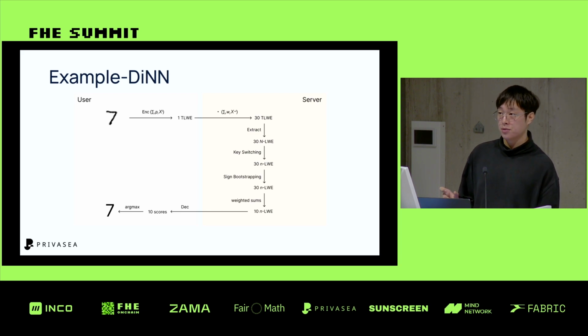But the ciphertext result contains 10 scores, and if it is 7, then the score for 7 is the highest among the 10 scores, right? So then the users can find the final result. And you can obtain this demo from our official website.